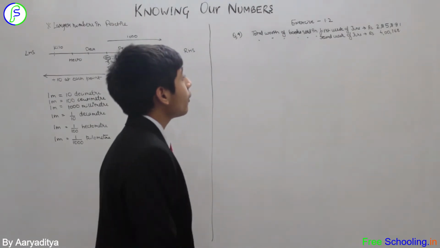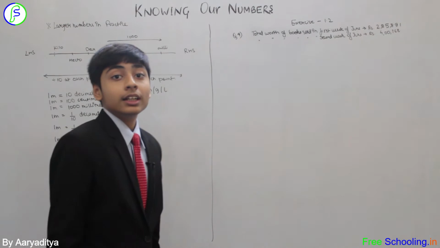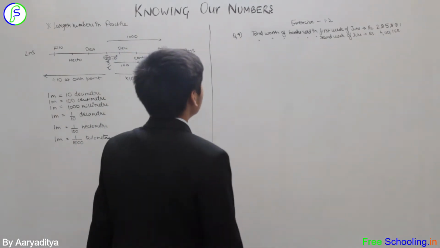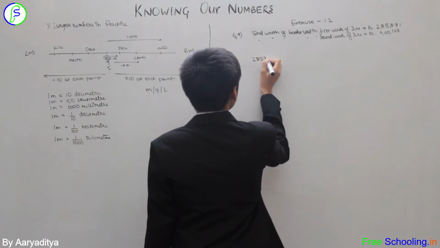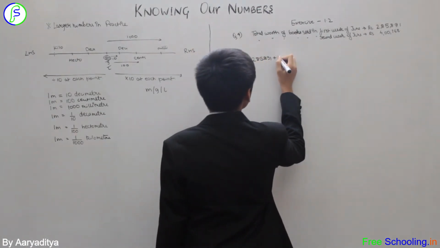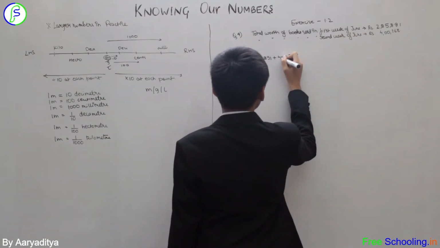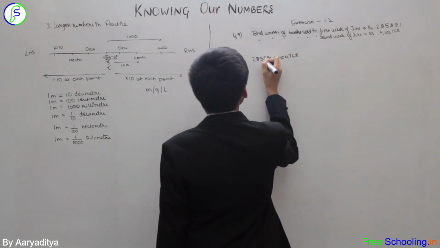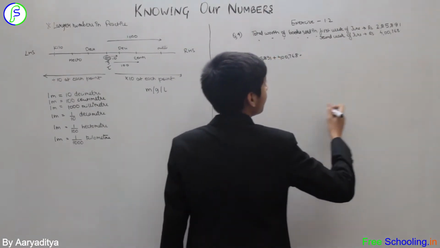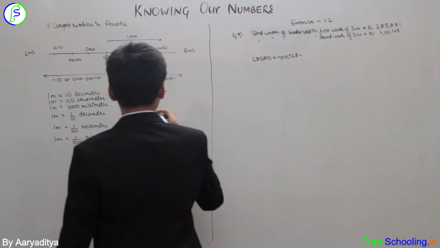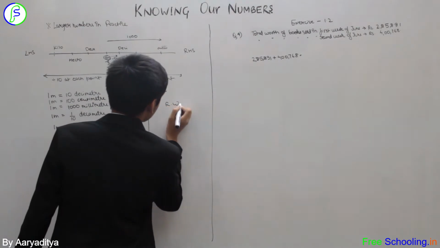Okay, so for the first part of the question, it says what was the total worth of the books sold. So we just need to add 285,891 with 4,00768, inserting commas again. So what will be the answer? Let us do it in the rough. Rough work.